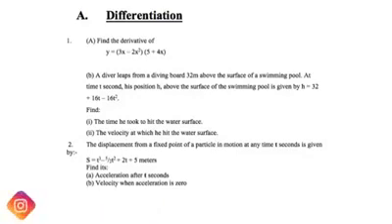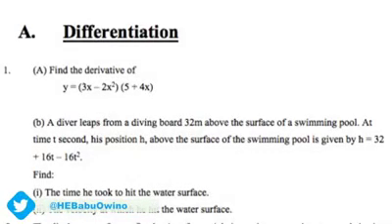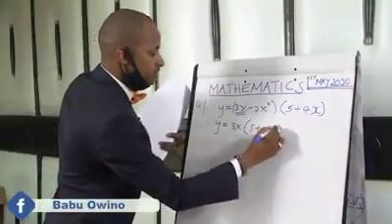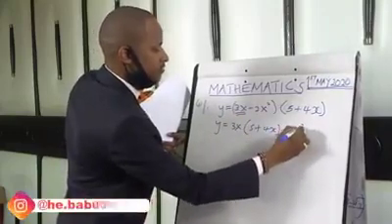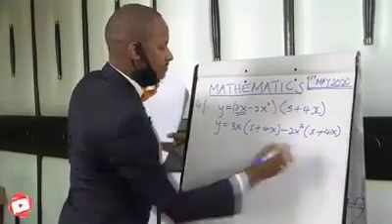The first thing when you are faced with such a challenge in finding the derivative, you first of all expand the bracket. So by expanding the bracket, we have y equals 3x, multiplied by 5 plus 4x, minus 2x squared, sorry, into 5 plus 4x.